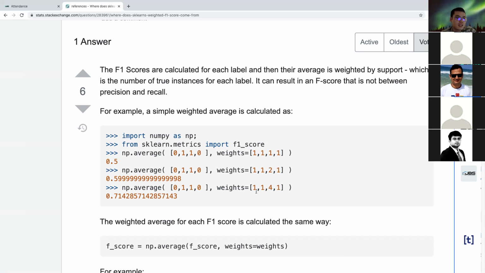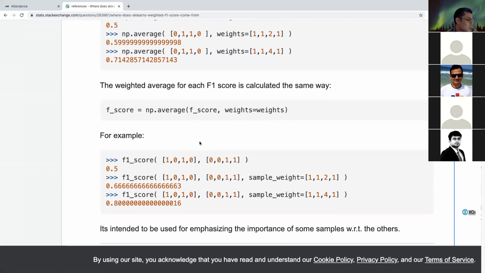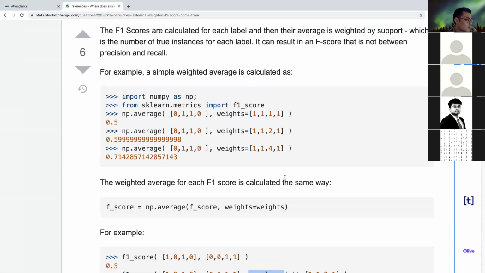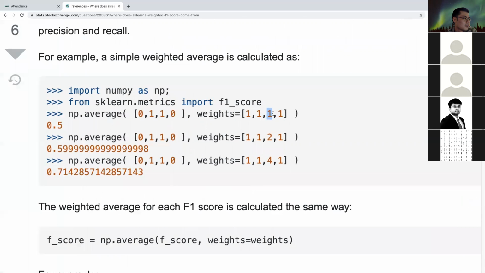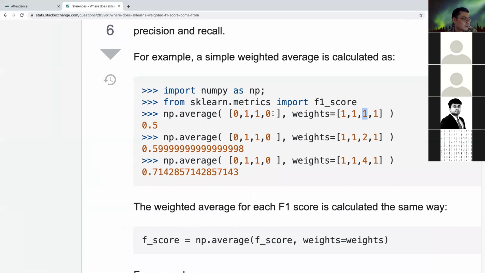Yeah, so I'm not really sure. They seem to say that you can provide a sample weight, right? So for the F1 score, you can also provide a weight. According to what I understand, the weight is provided by you, like for cancer, I give 10. It's just like we can add custom weightage to each class.